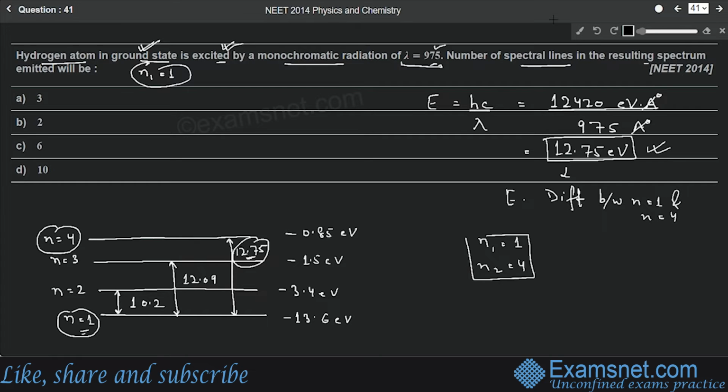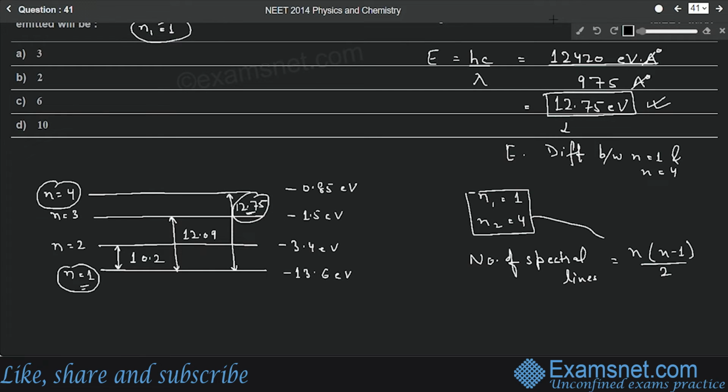Now we have to find the number of spectral lines that will result. For that we have a formula: number of spectral lines is equal to n into (n minus 1) by 2, where n is n2, the level to which this hydrogen atom has moved.